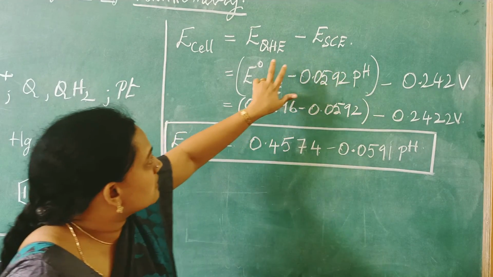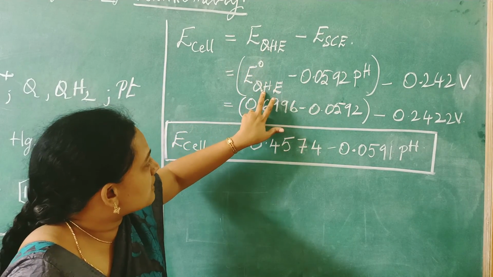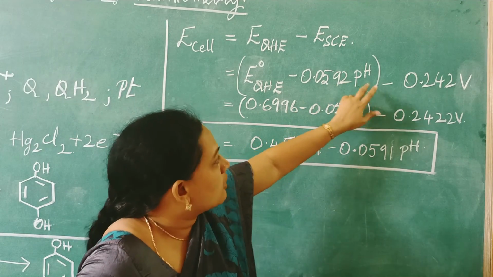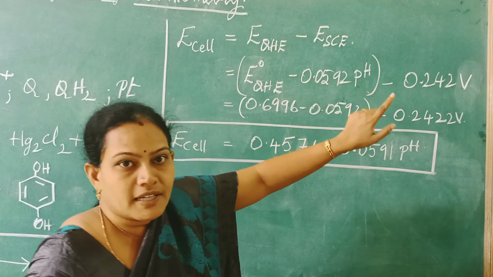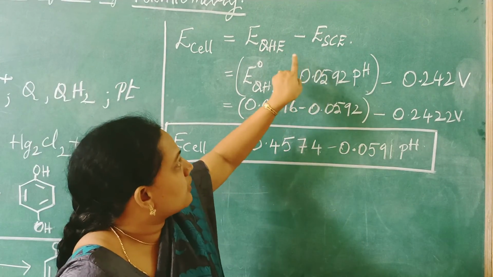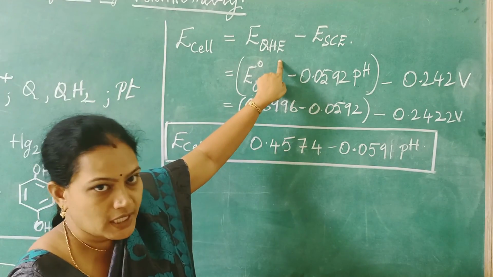Now when you consider the right hand side electrode, this is quinhydrone electrode, whose potential is considered to be E naught minus 0.0592 pH. Now this pH is nothing but the negative logarithm of H plus ion concentration. So H plus ion concentration will decide over the electrode potentials of the quinhydrone electrode.